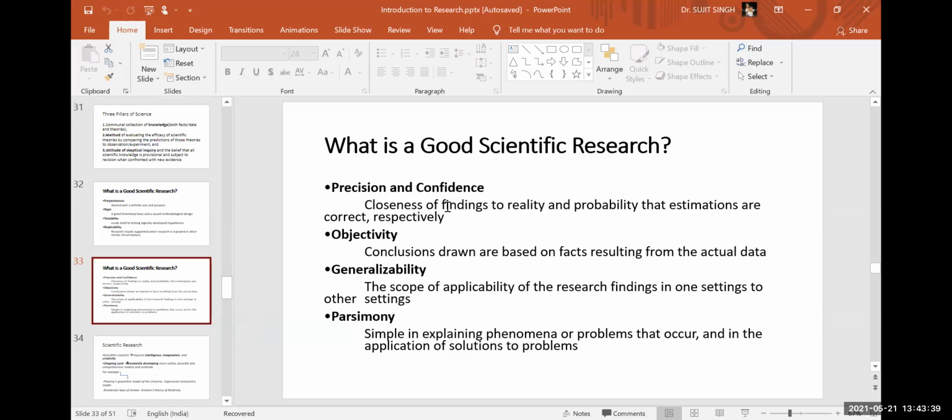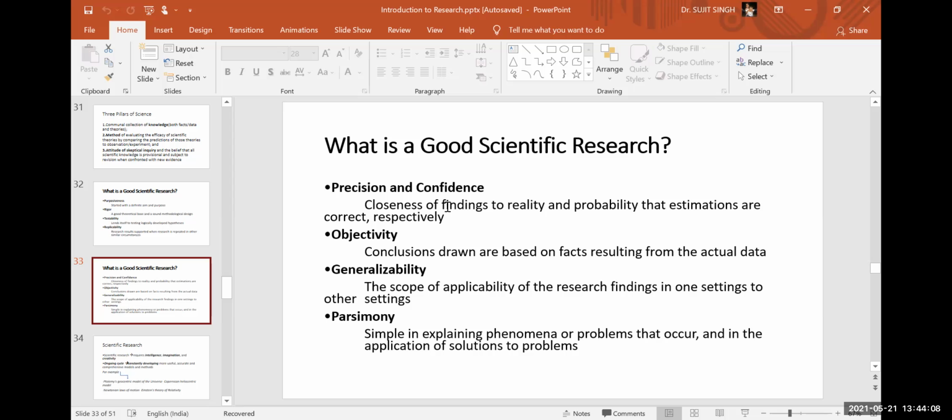Precision and confidence, there should be. Closeness to finding the reality. Sometimes when you are going to do the research, we assume something. Whenever you are going to take the assumptions, and that is also necessary, because sometimes you are not able to replicate or reproduce the real situation in the theoretical one or simulation.